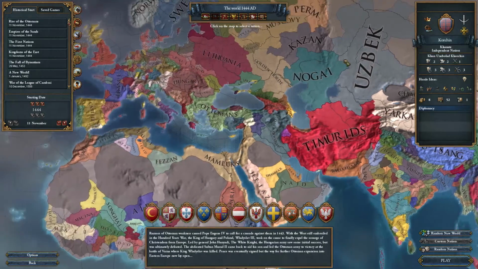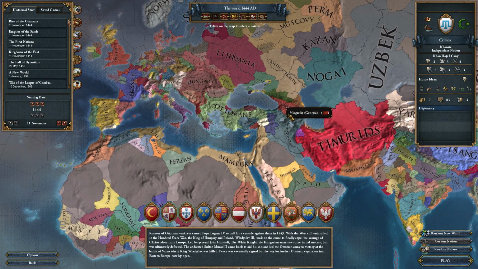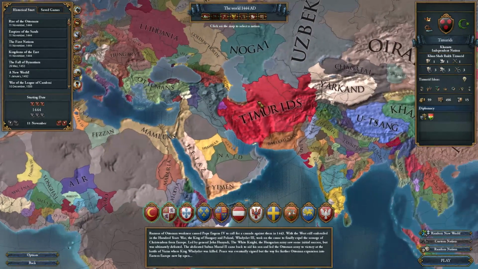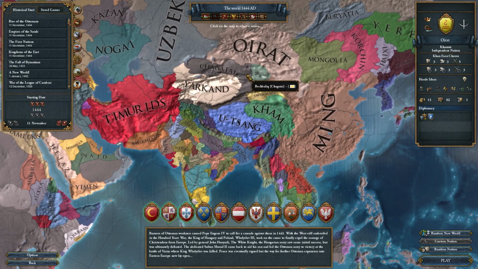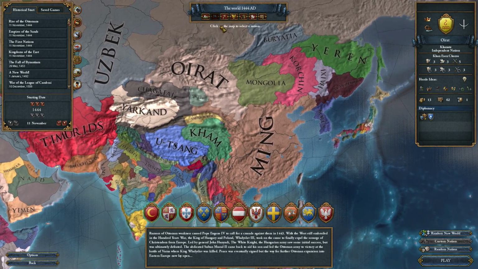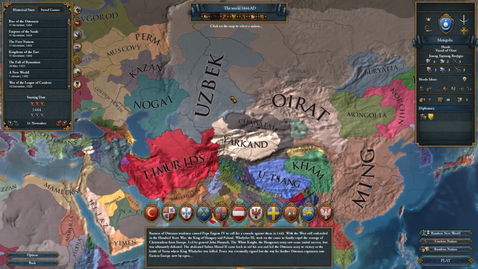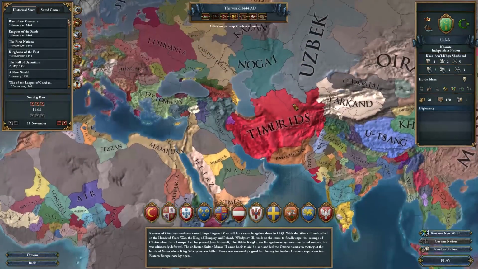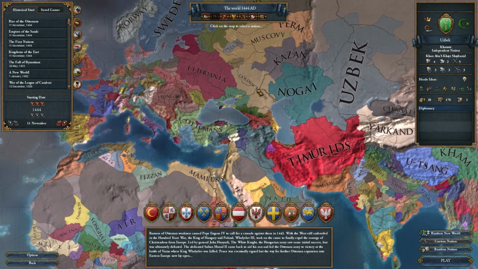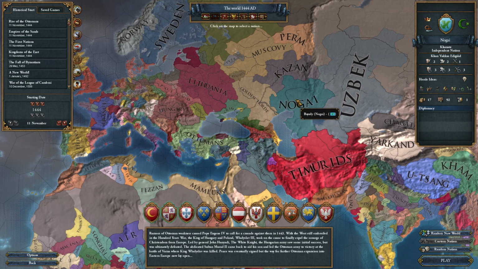The nomads include Crimea, Ak Koyunlu, the Timurids, Oirat hordes, and most of this region up here, Jianzhou, Qorchin, Yeke, Mongolia, Uzbek, and the Golden Horde, of course, Kazan and Nogai.